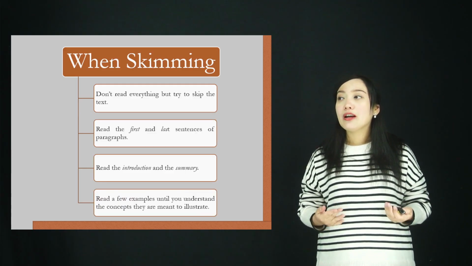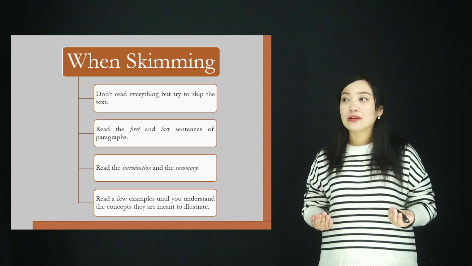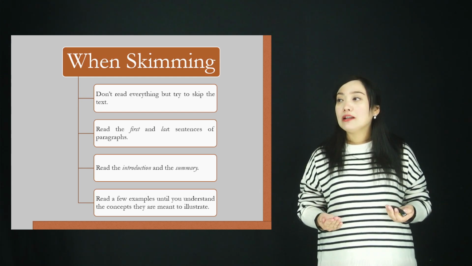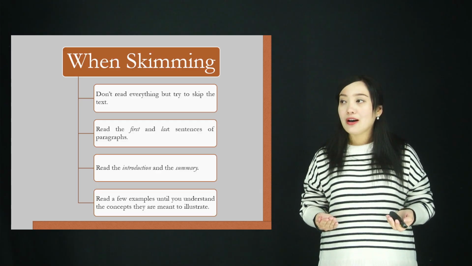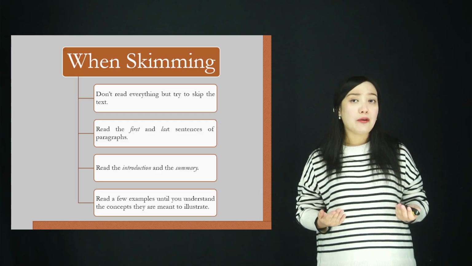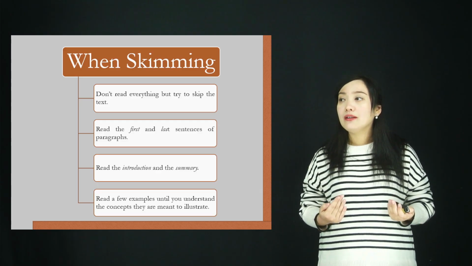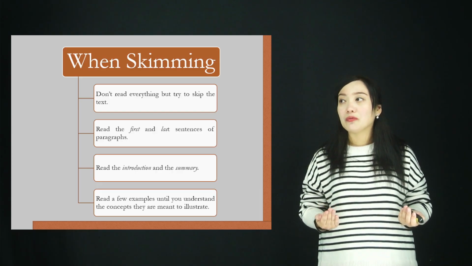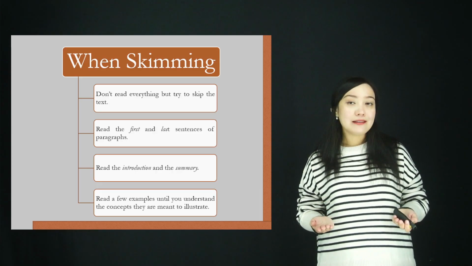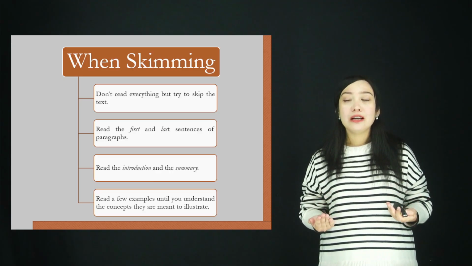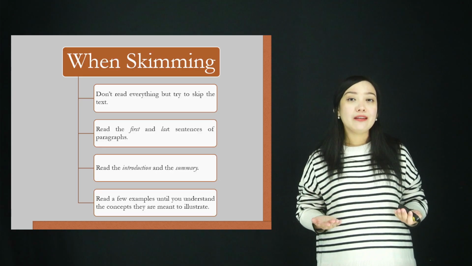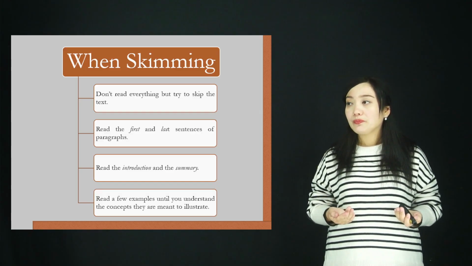So first one, don't read everything but try to skip the text. You can read the text fast and don't read every word, and read the first and last sentences of paragraph. It's a good way, and you can do the skimming and you can get the gist, you can get the main idea of the passage.